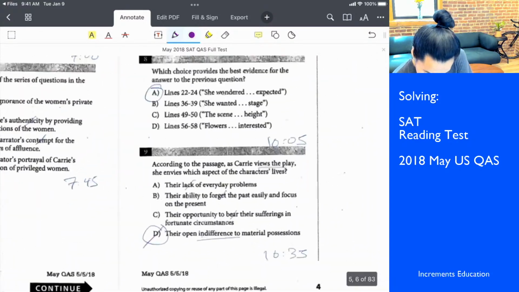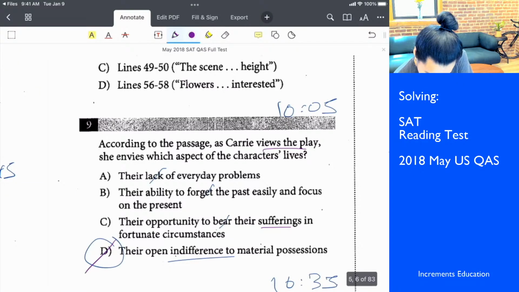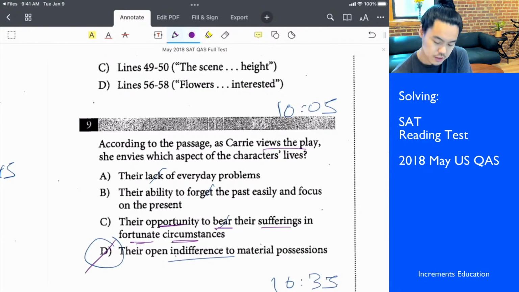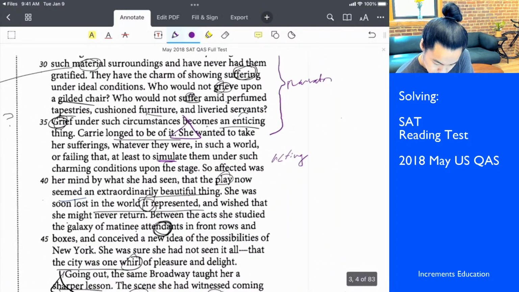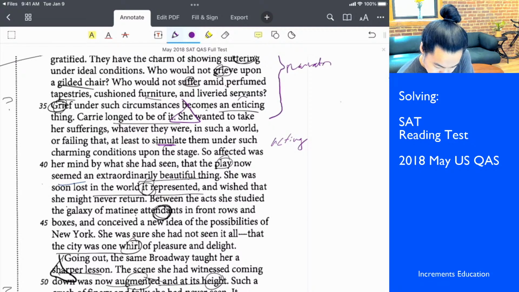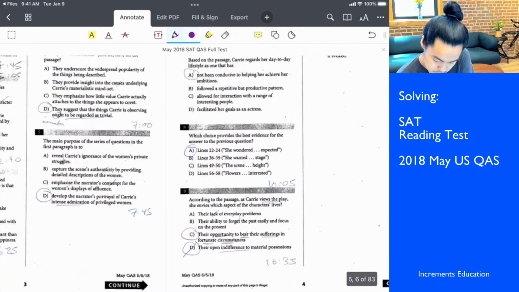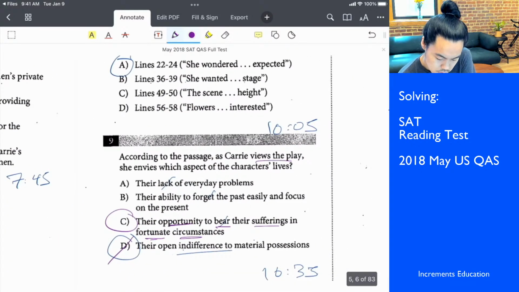So the only other answer choice that kind of feels like, I see, the opportunity to bear their sufferings in fortunate circumstances. Yeah, I got that one wrong. See, she wants to simulate them under the charming conditions. It's an opportunity. But there is one thing that's a little awkward. It's partly like she's talking about the actors and actresses, not really the characters, which is why I was a little misled by this question stem. But yeah, it's definitely C, it's not D.